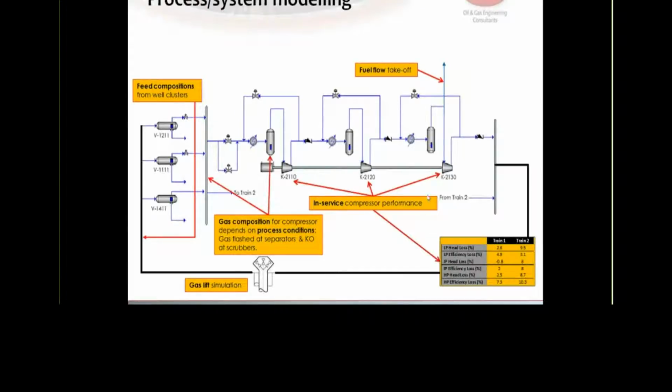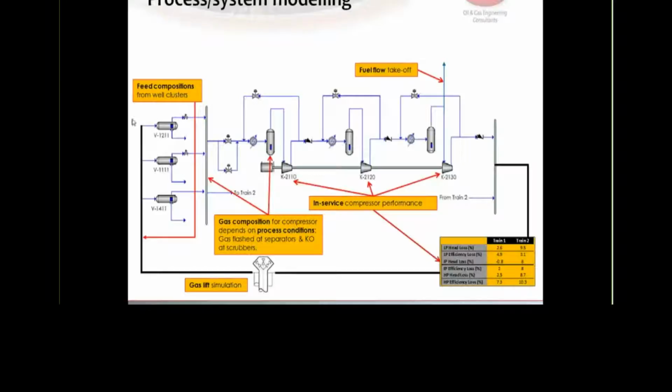So what did we do? We created this model, and one of the most important things about this model is that we actually modeled the whole system. We didn't just stop at the throttle valve, the suction and the compressor discharge, but we actually included the gas lift recycle.